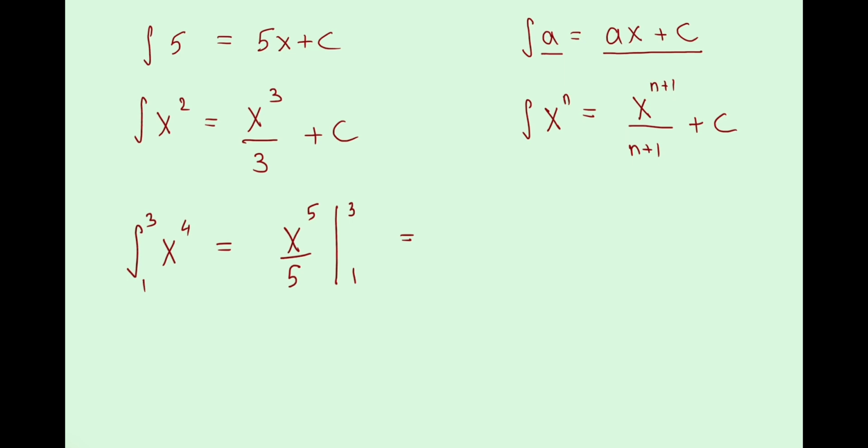What we could do here is take the constant 1/5 out of the equation, and just plug in 3 and 1 for x. So we're plugging in 3 first, we get 3 to the 5th, and we subtract 1 raised to the 5th. So what we get is 1/5 times 3 to the 5th minus 1. That's our answer.